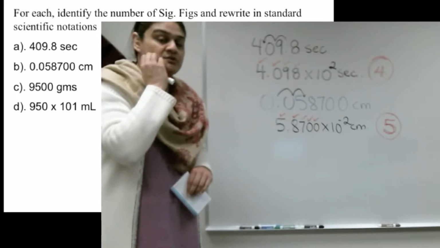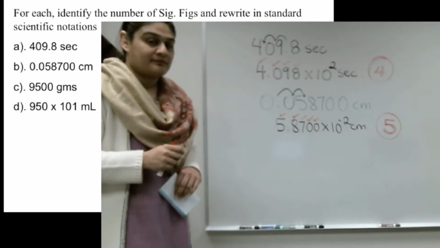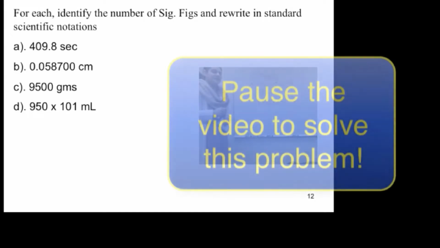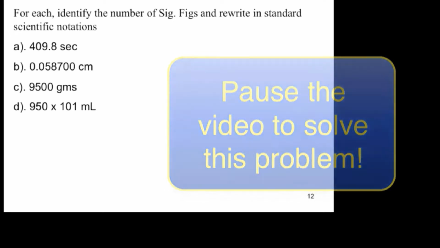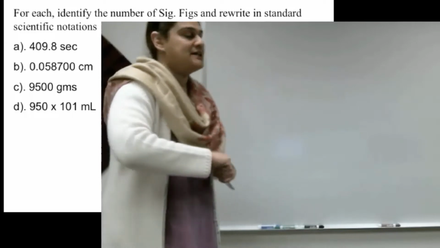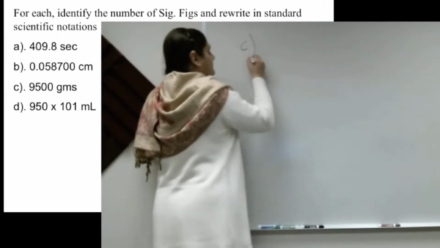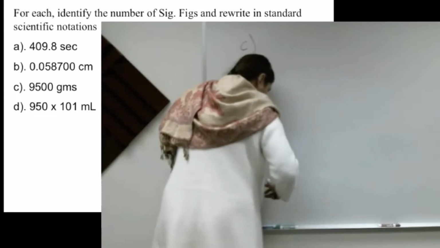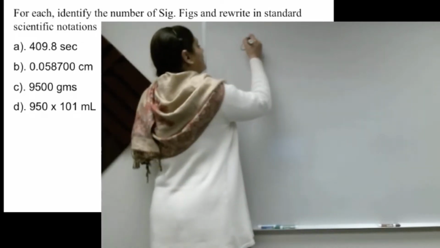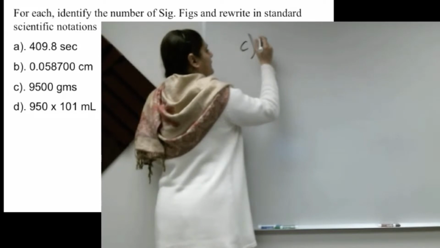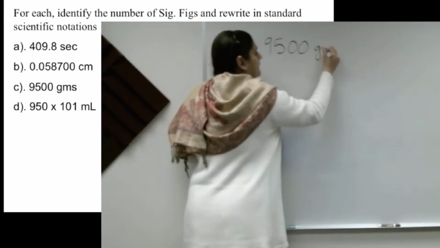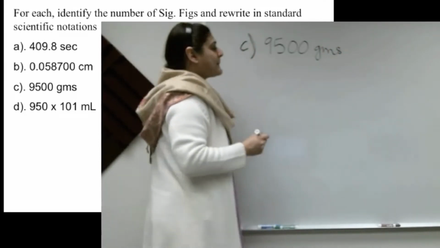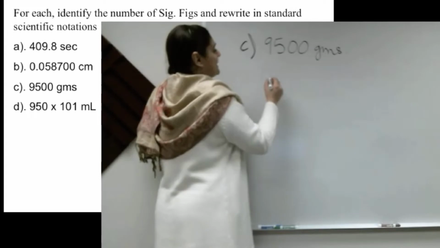Now go ahead and try to do part C. 9500 grams. What will the answer be? 9500. Okay, now part C says 9500. The number, how will I express this in scientific notation?